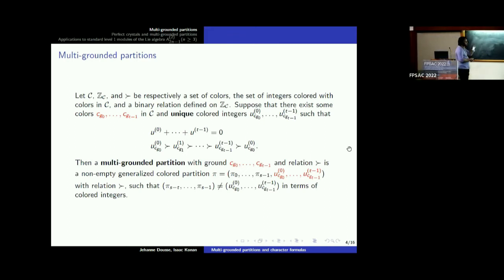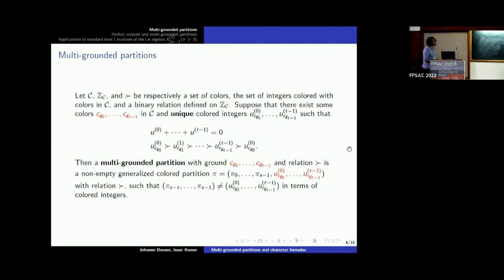With ground CG0 to CG T minus 1, and with the relation that we defined above, it's a non-empty generalized color partition such that the T last integers are what we have in our assumption, and we have the condition that the T integers before these T last integers form a different sequence, because we do not want to repeat this sequence at the end of the partition.